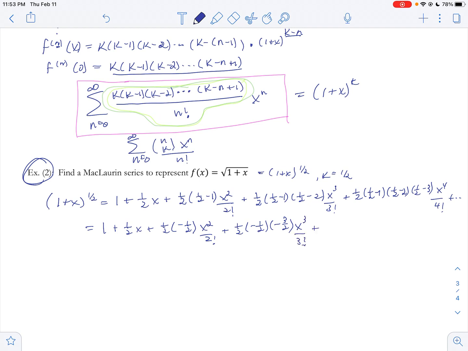Then on the last term, I have 1/2 times a negative 1/2 times a negative 3/2 times a negative 5/2, x to the 4th over 4 factorial, plus dot, dot, dot.